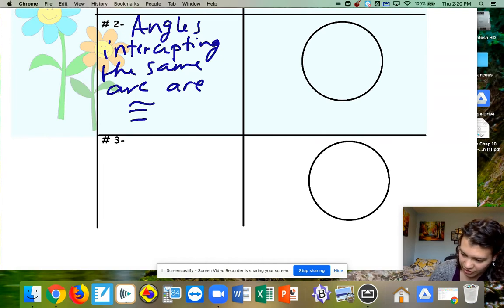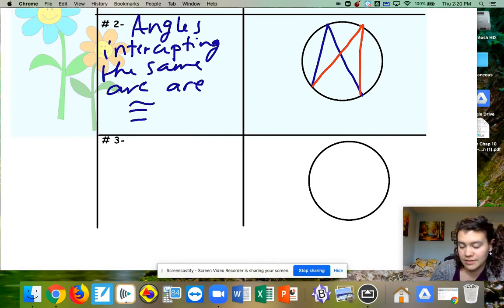So I have an angle right here going like this, and then I have another angle that connects to those same two points. They have to be the same. So like this would be 30 and this would also be 30, and your arc would be 60.